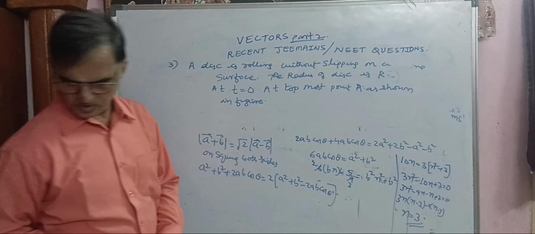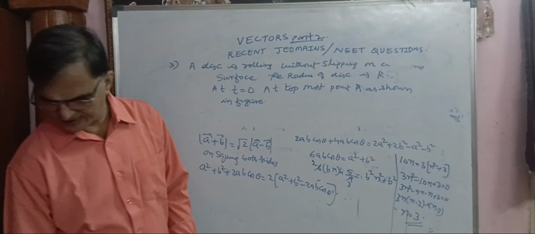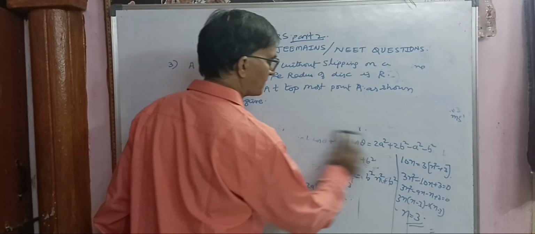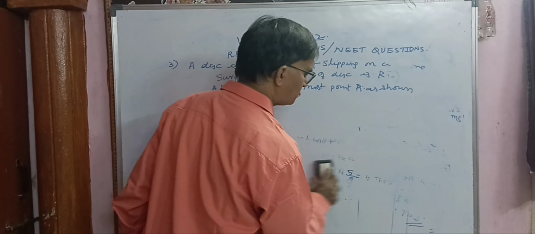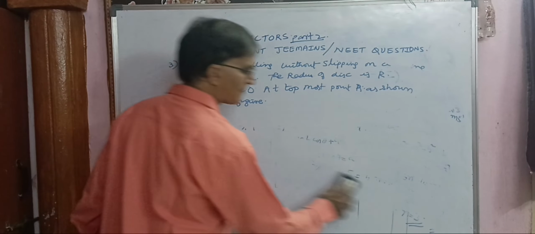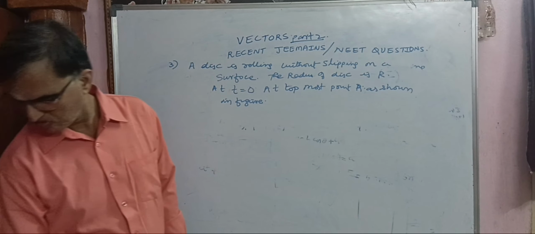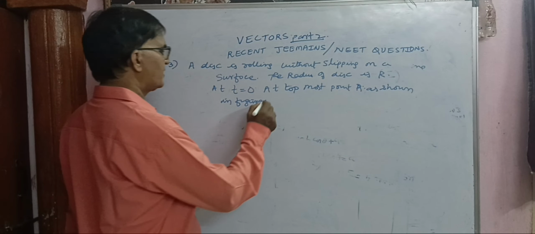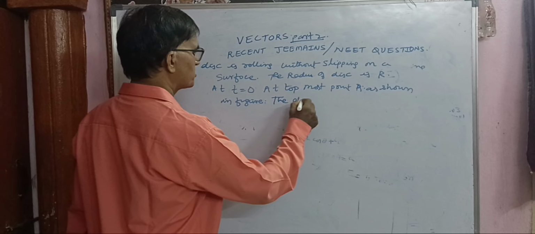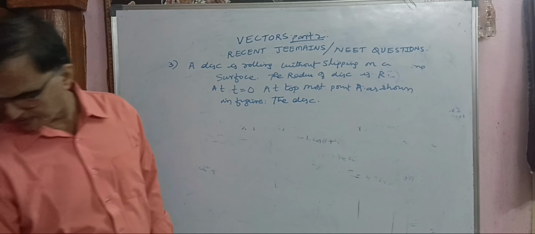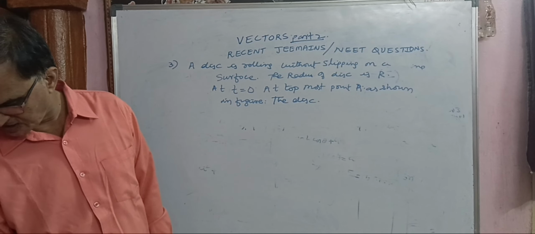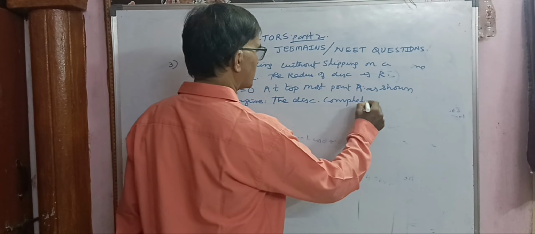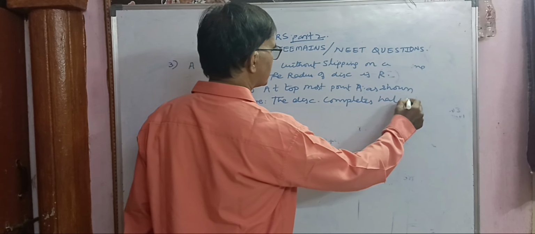Now the disc rotates here, making one circle rotation, as shown in figure. Now the disc completes half of its rotation.